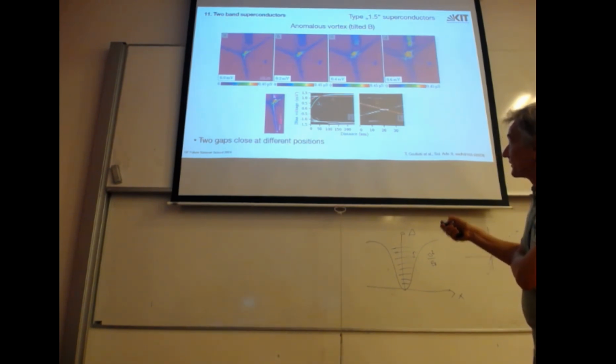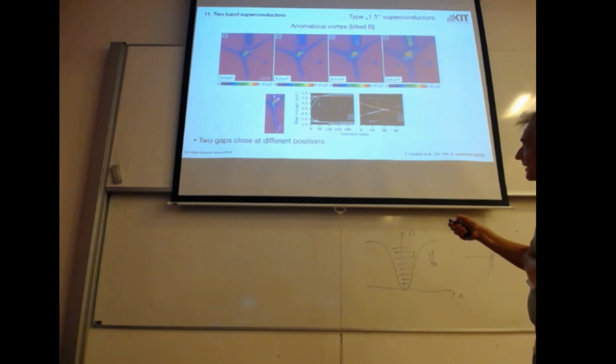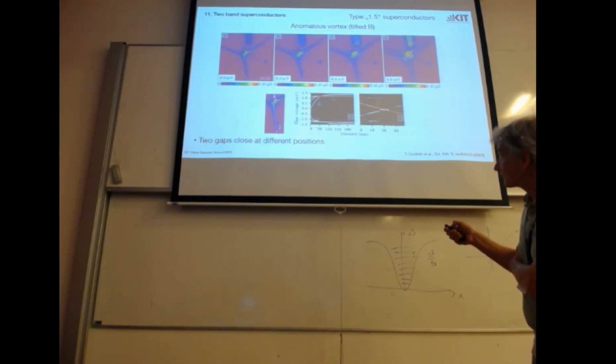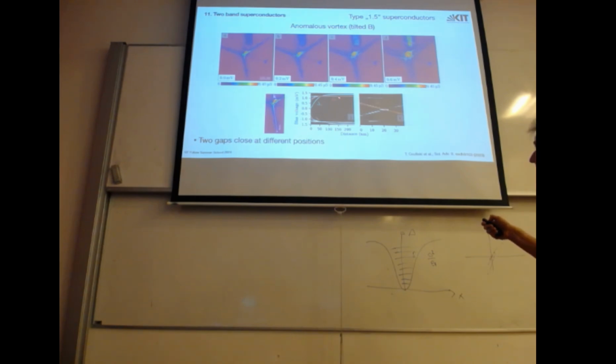Or if you look at zero energy, we can take the path J or the path K. The path J is going outwards, and we can see that one band actually closes when we go to the center here. The other gap does not close at this point. So in this vortex, delta 2 goes to 0, delta 1 does not go to 0 in the middle.